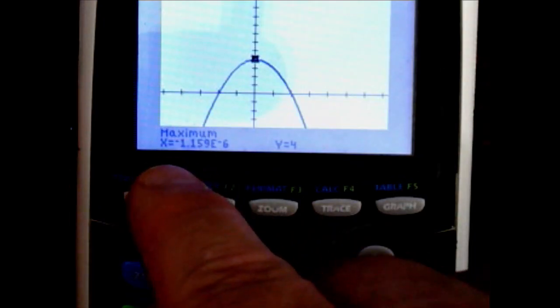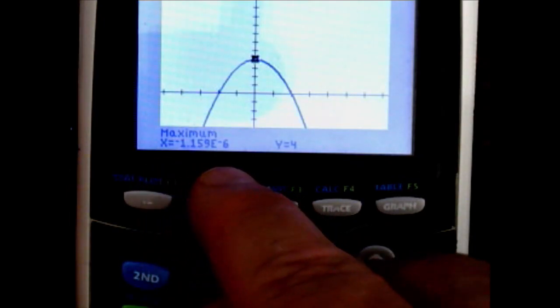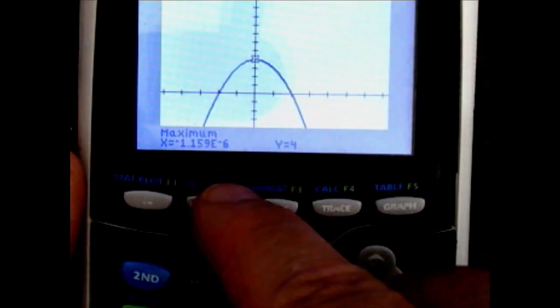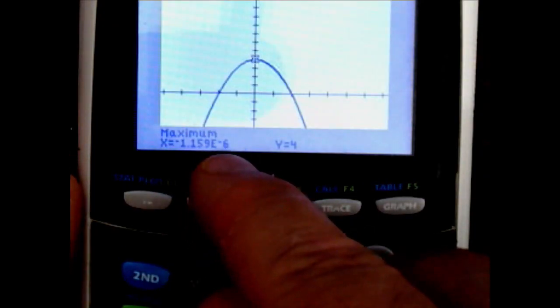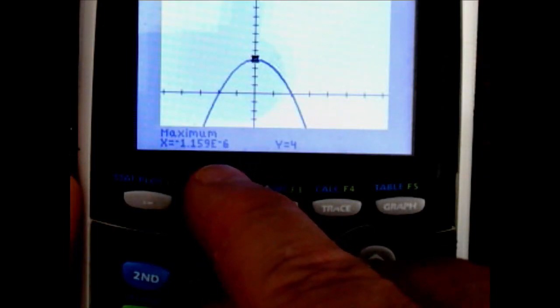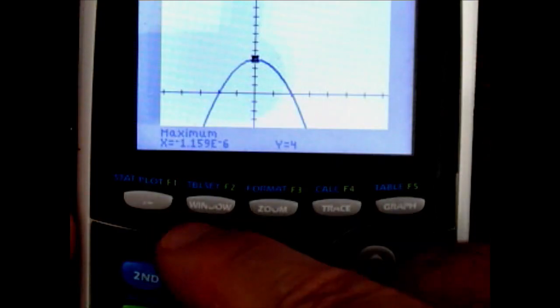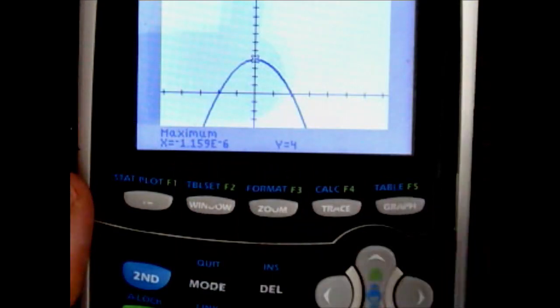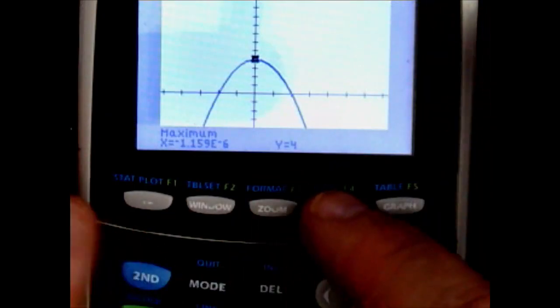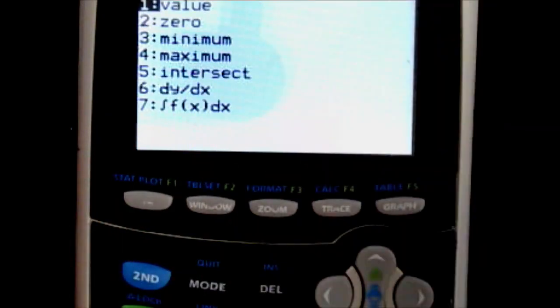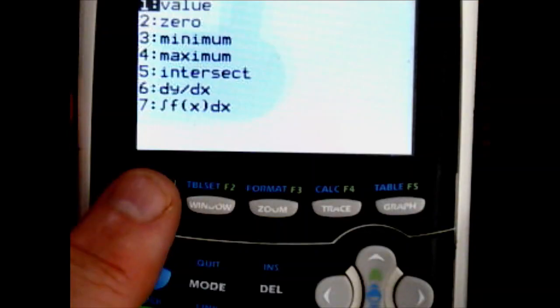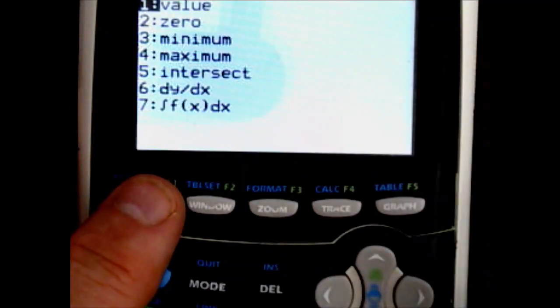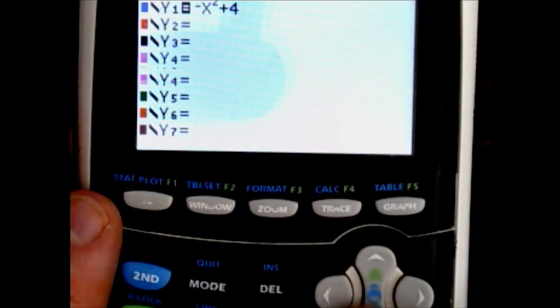Now, -1.159 e -6, that's actually -0.000001. That's incredibly close to 0, so that's really saying 0.4. Alright, now if you wanted to do minimum, you'd have to hit second trace and do 3, and you do it the same way.